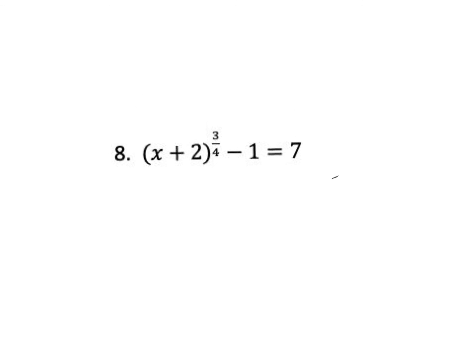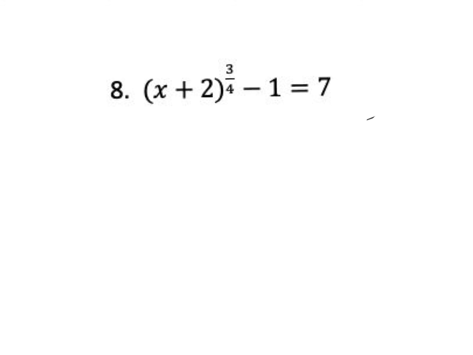Okay, let's take a look at number 8 here. I'm going to begin by isolating my x plus 2 to the 3/4. So I'm going to add 1 to both sides, which gives me x plus 2 to the 3/4 is equal to 8.